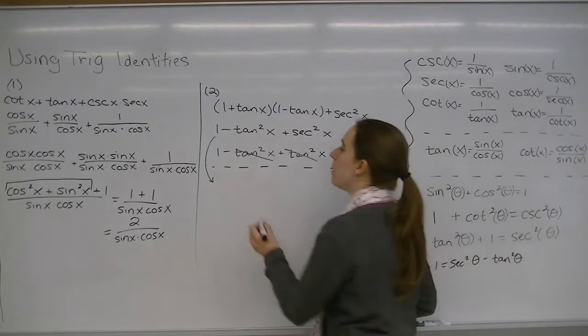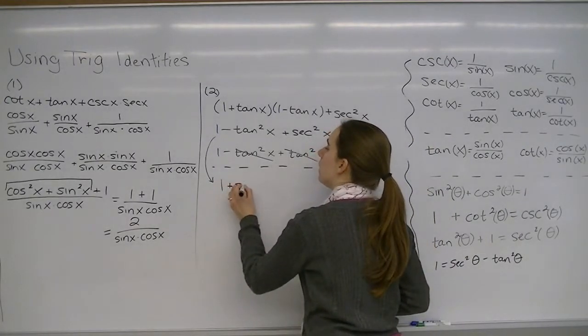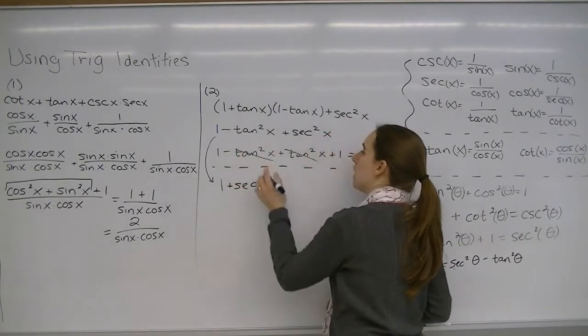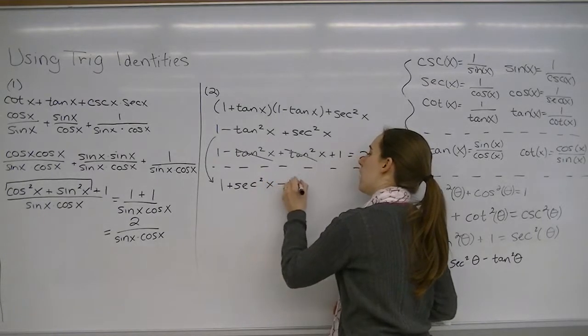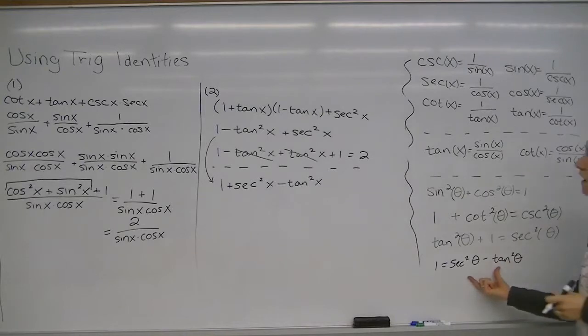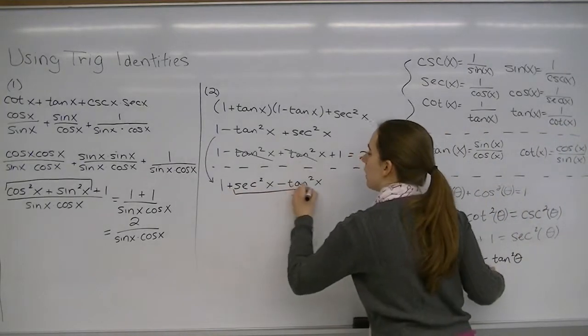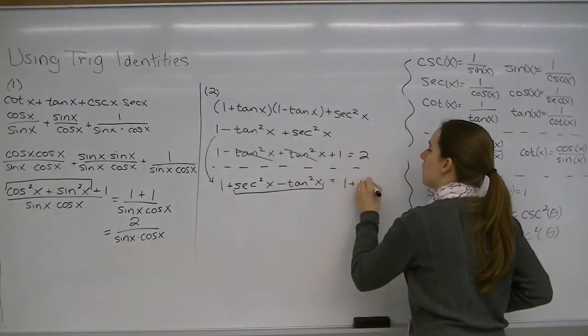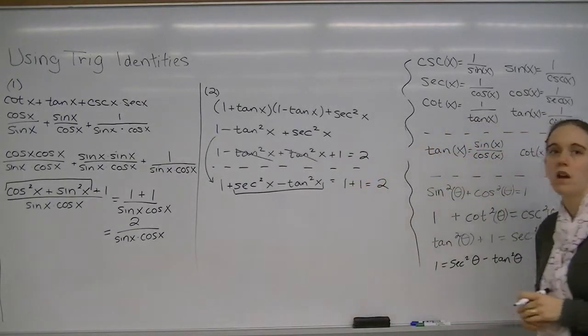Well, if I do a little bit more manipulation here, as long as I leave the negative with the tangent, I can switch the order, and I end up with exactly this expression, which tells me that this is equal to 1 plus 1 or 2.